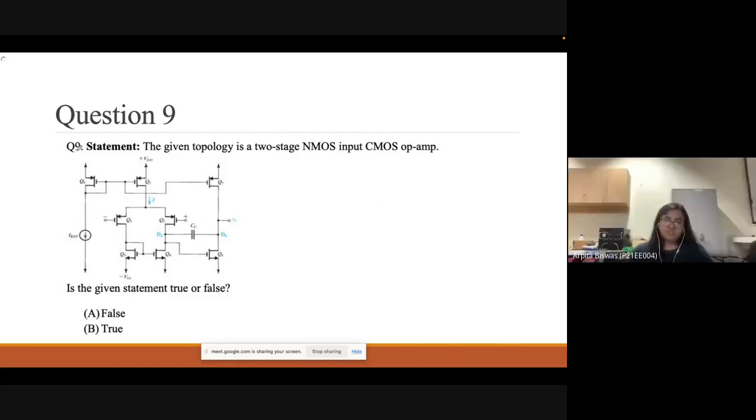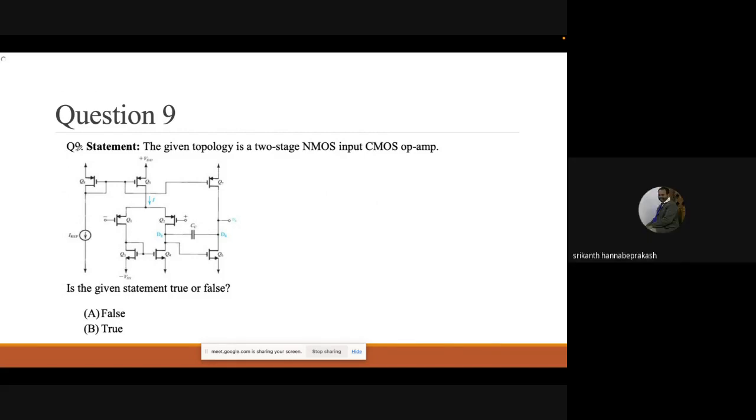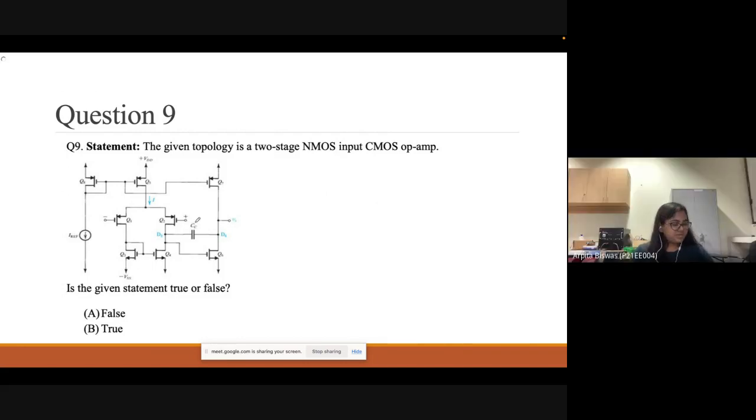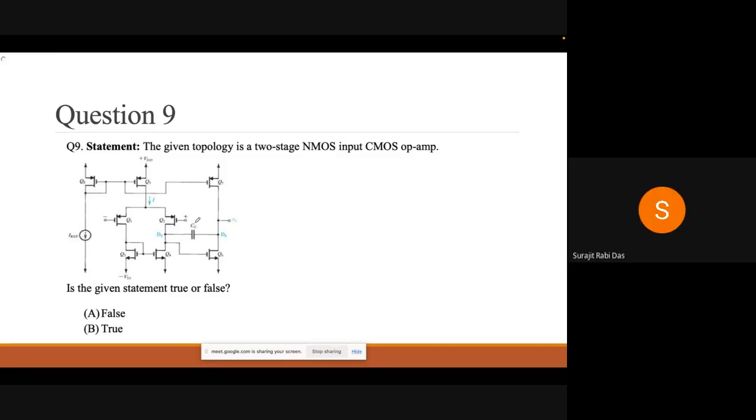Is it true or false? True, true. No. Anyone else? Shurajit, what is the right answer? It's false actually. Can you explain? Because the first stage is the differential amplifier and the current circuit is there, which is driving the current for the differential pair. In an op-amp, the first stage will be balanced input, balanced output.